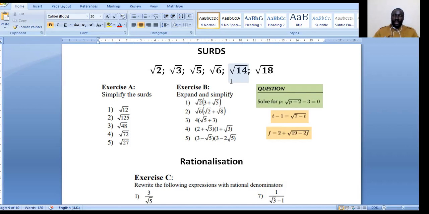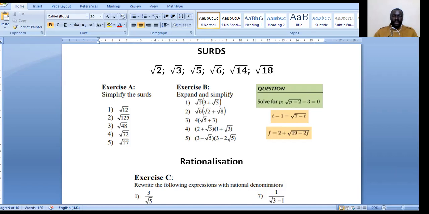So to simplify the square root of 12, it means we have to write 12 as a product of numbers that are much simpler than 12.